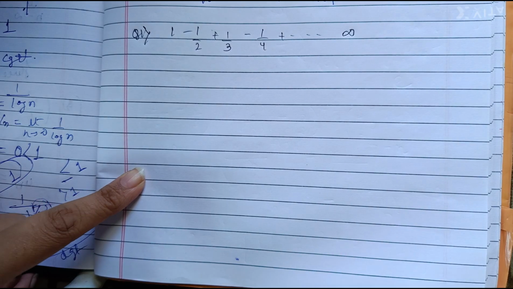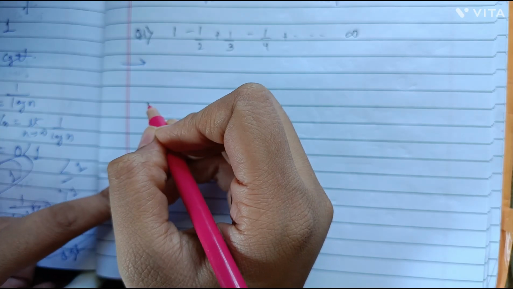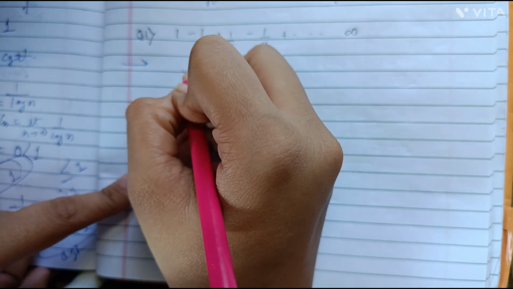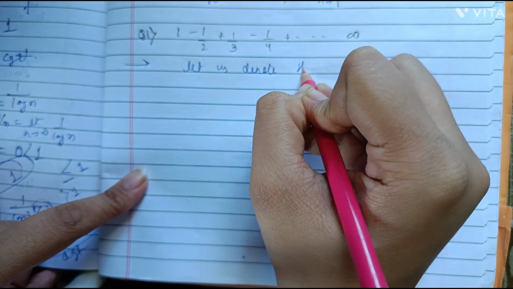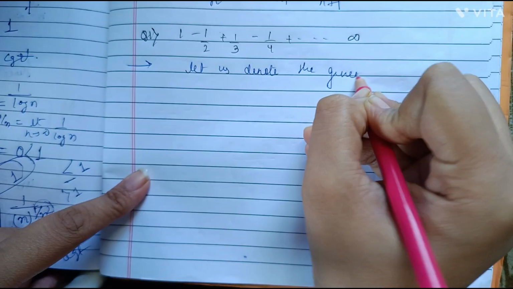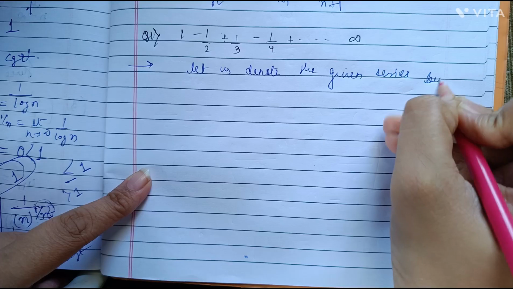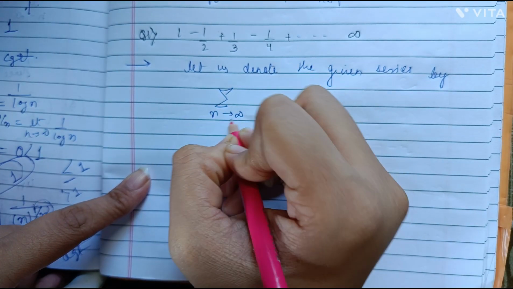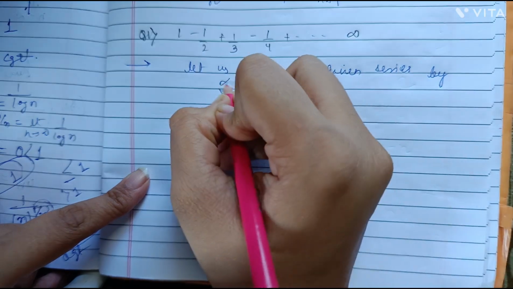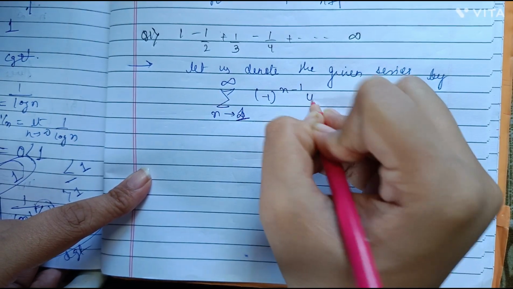I'm starting with a very easy question, the basic question. You know how to represent an alternating series. So let us denote the given series by the sum from n equals 1 to infinity of minus 1 to the power n minus 1 times un.